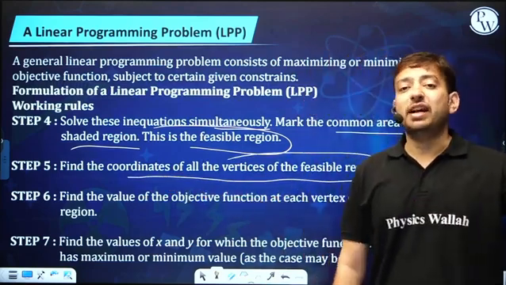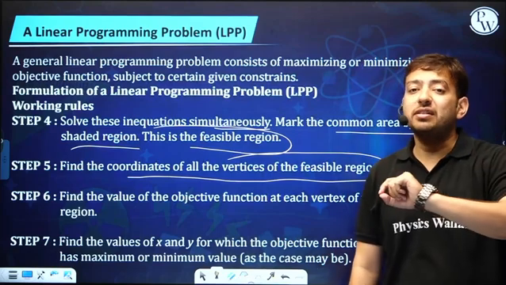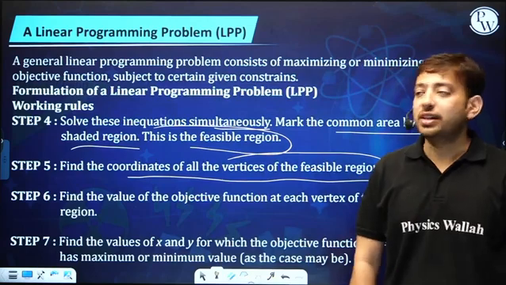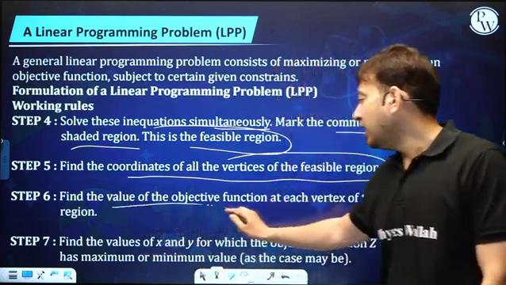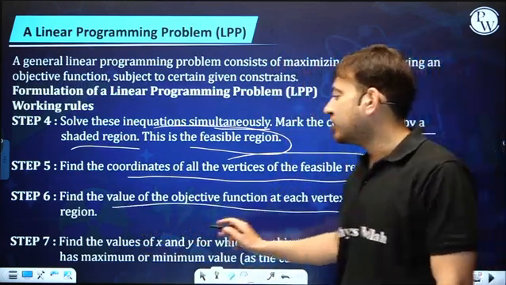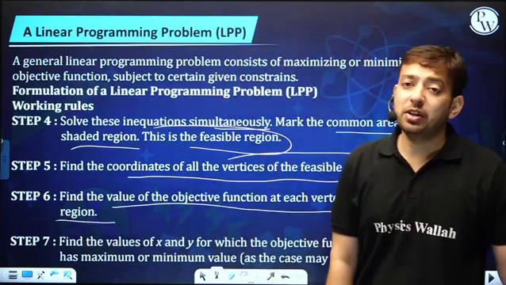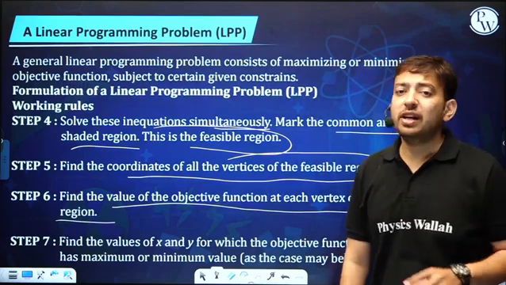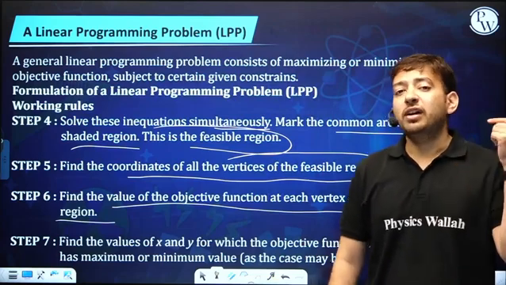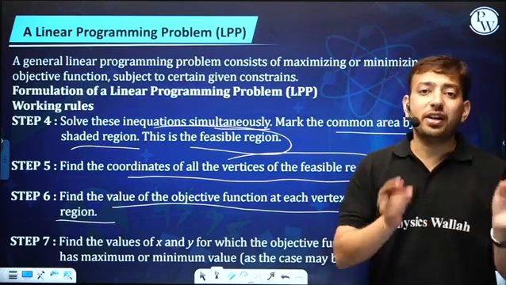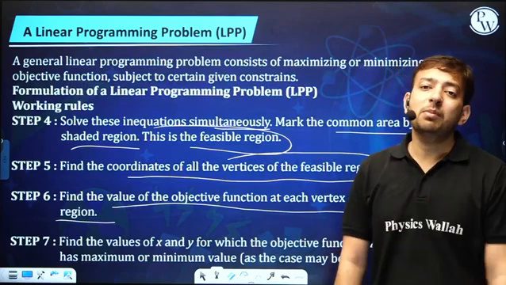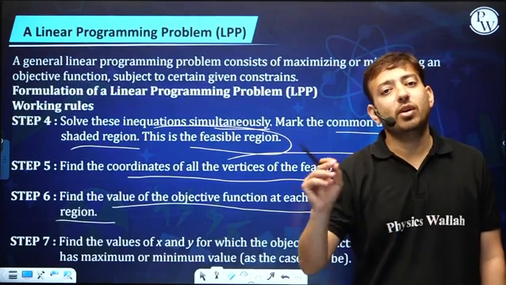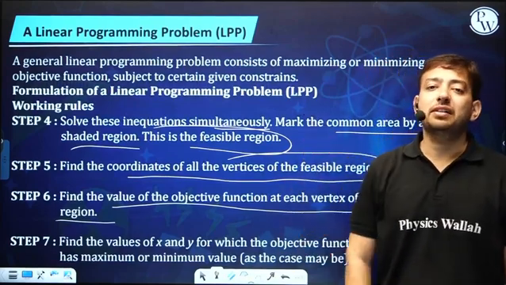Now find the coordinates of all the vertices of the feasible region. That's why I've told you, wherever the corner points are becoming, mark down all those vertices. Find the value of the objective function at each vertex of the feasible region. It has been observed by great mathematicians that in a particular LPP problem, if the feasible region is bounded, then the maximum or minimum values always occur at the vertices.